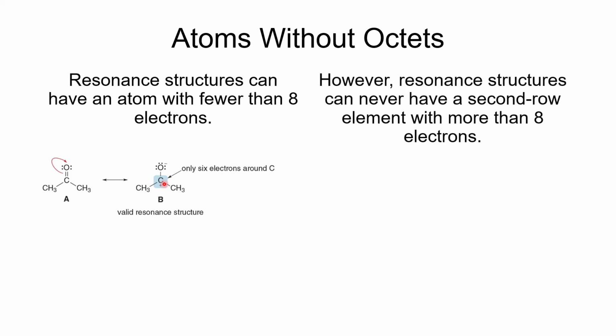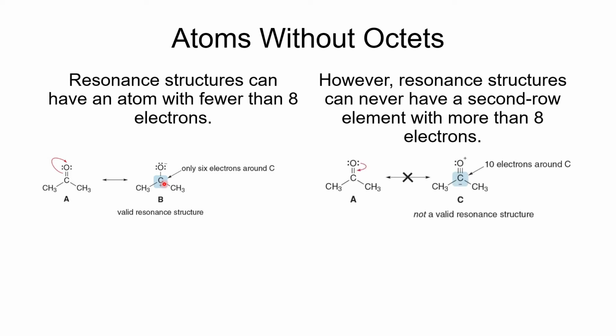However, we'll find that for our second row elements, they can never have more than 8 electrons. I've already mentioned this, but it's worth mentioning again. Don't ever put more than 8 electrons around period 2 elements. So don't do it with carbon, oxygen, nitrogen, fluorine, boron, any of those. You don't want to put more than 8 electrons around it.